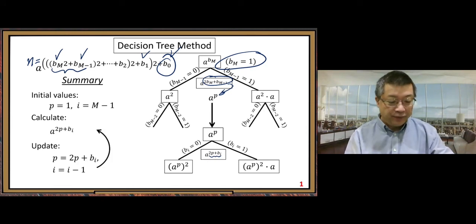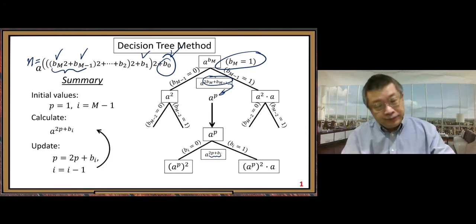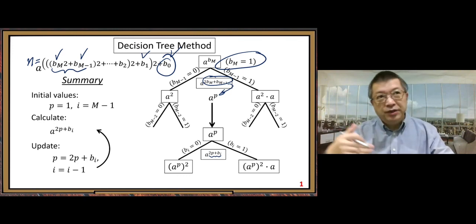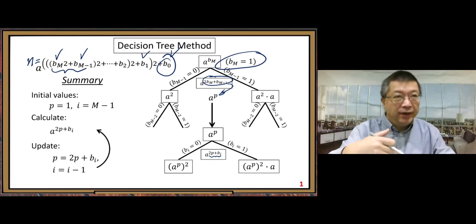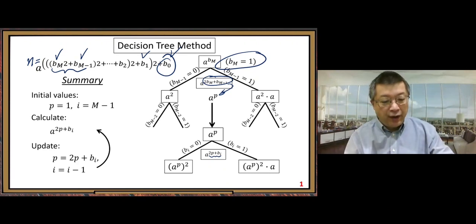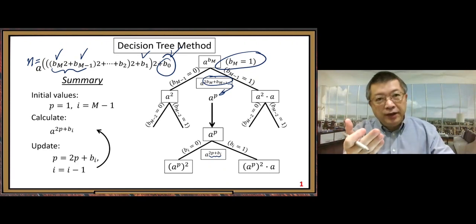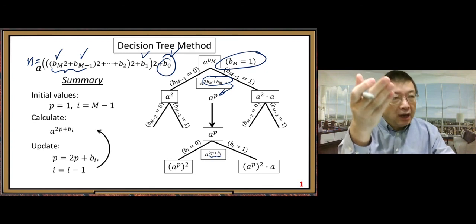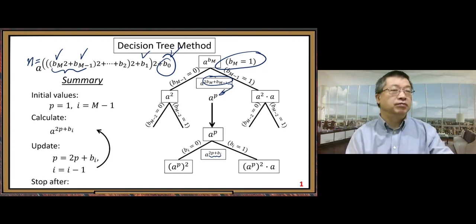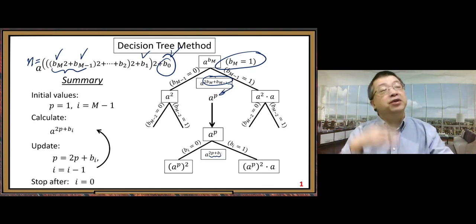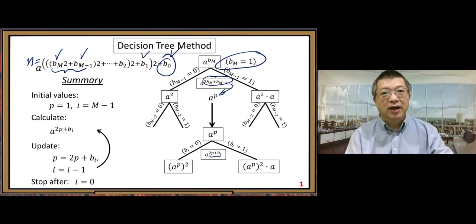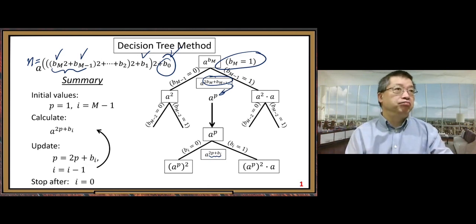Then the same pattern repeats in the next iteration, until we reach the end and get out of the for loop or while loop, some loop, whichever you like to choose. So that's the whole procedure.